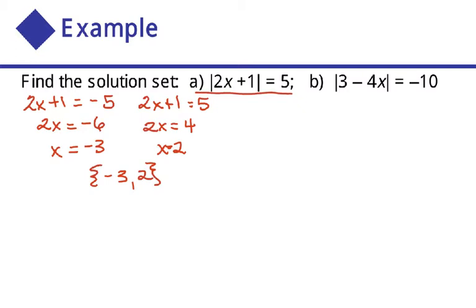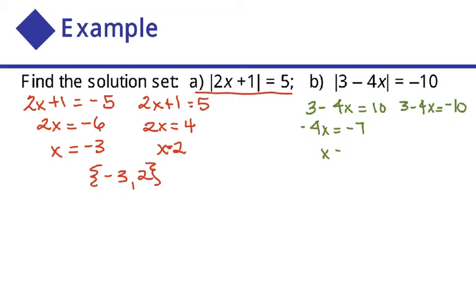The second one I want to do over here, we're going to again split it up into 3 minus 4x equals 10, and 3 minus 4x equals negative 10. So we'll get negative 4x equals, if you subtract 3, you get negative 7.